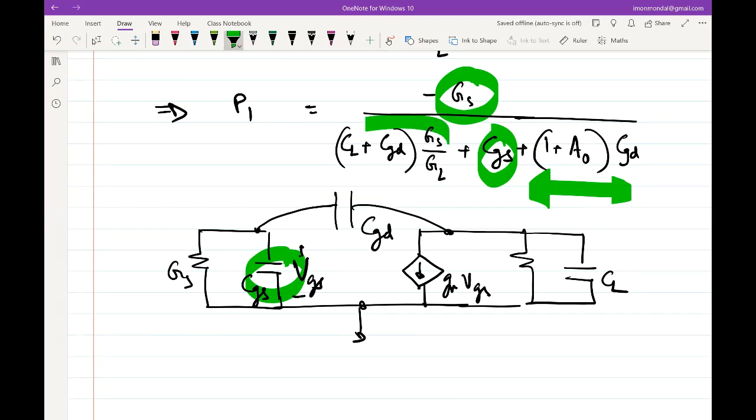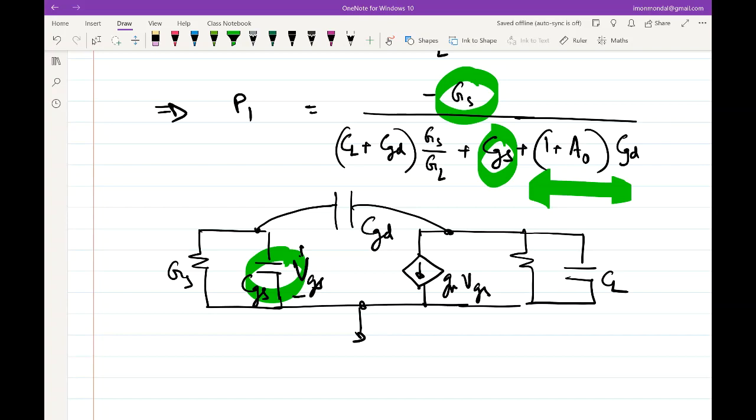Why do you think this term appears? Or, before I ask that, what do you expect A naught to be? High, low? At least you are designing an amplifier. So what do you expect A naught to be? High, right?